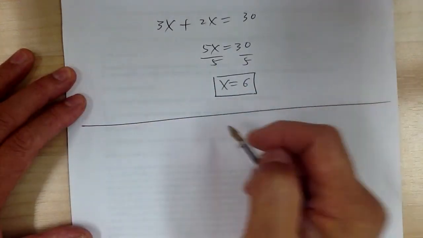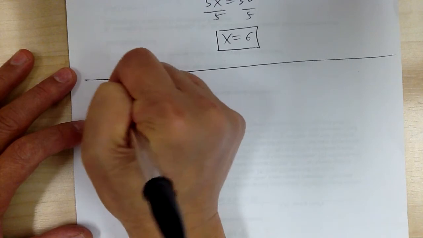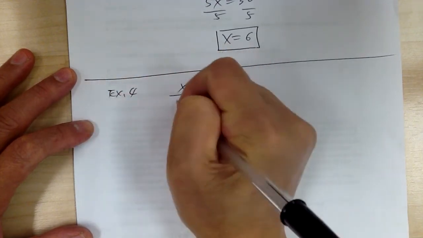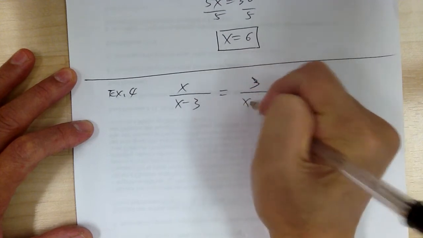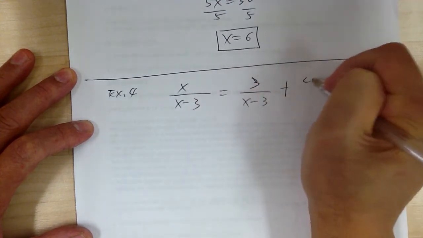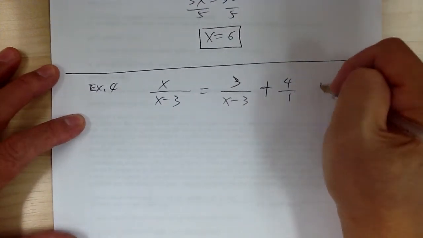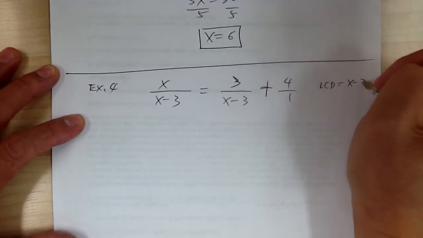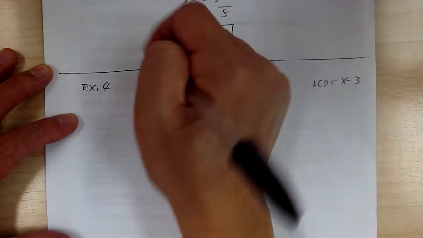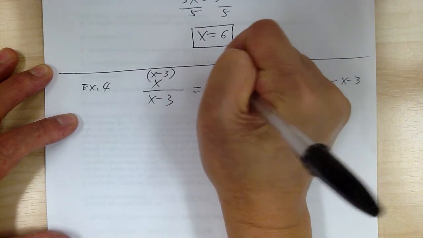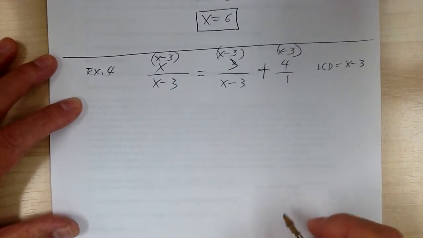Okay, now let's go to example 4. You have x over x minus 3 equal to 3 over x minus 3 plus 4 over 1. Again, I'm putting it as a fraction. So the LCD is equal to x minus 3. So let's multiply by the LCD.